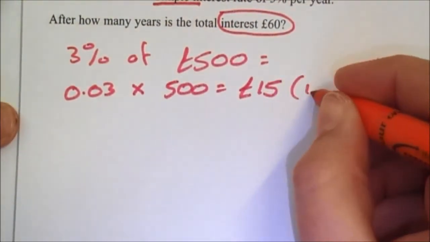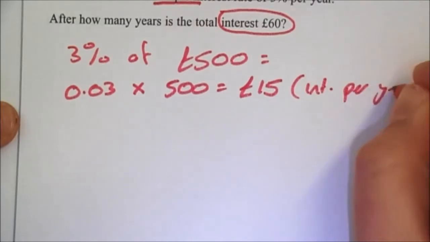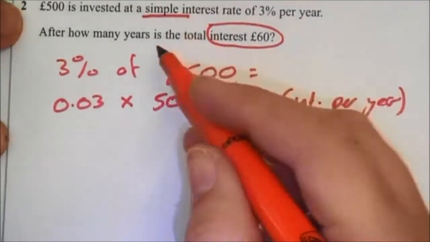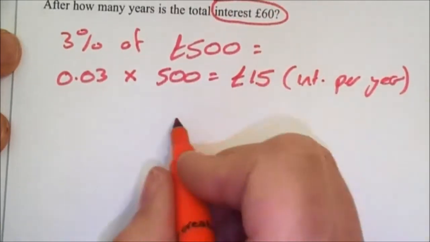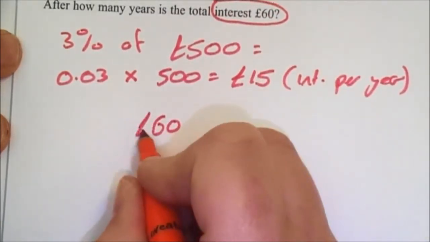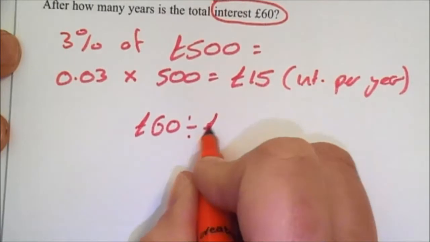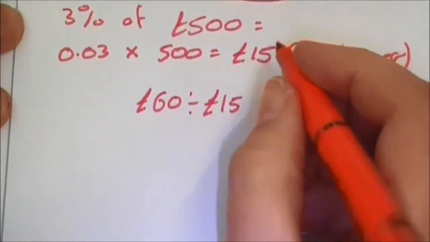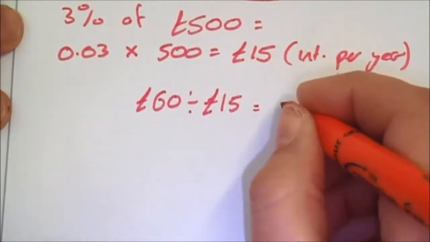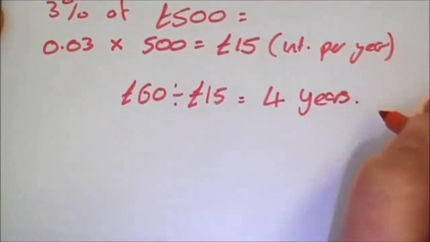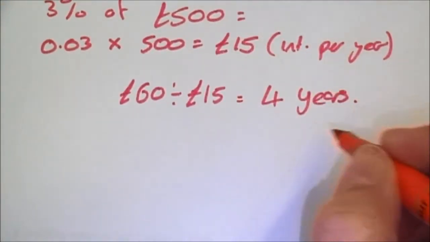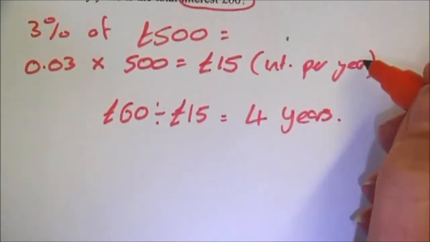So that means you get £15 interest per year. We need to know after how many years is the interest £60. So £60 divided by the £15 she gets per year equals 4. So it takes her 4 years to get £60.